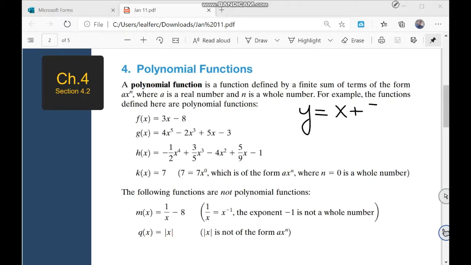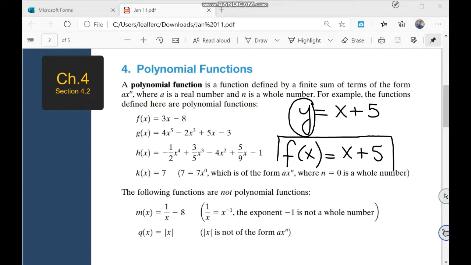For functions, this has a different notation. Instead of y, we write f of x equals x plus 5. It's the same thing, but now we are using function notation. For each x, you have only one y. For each input, you have just one output. Remember this?